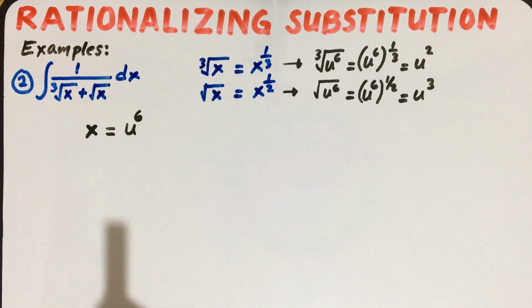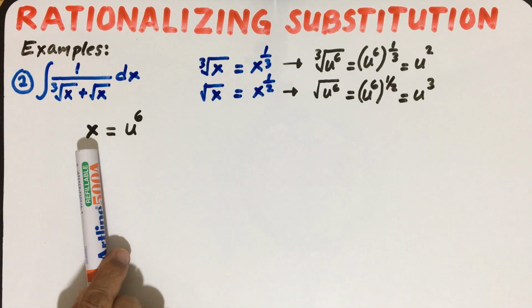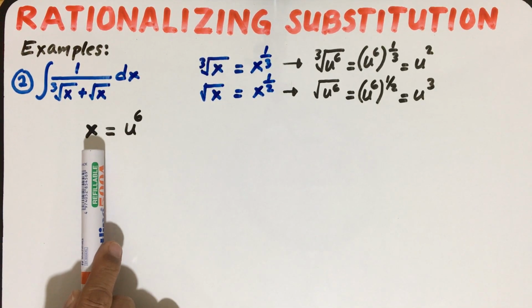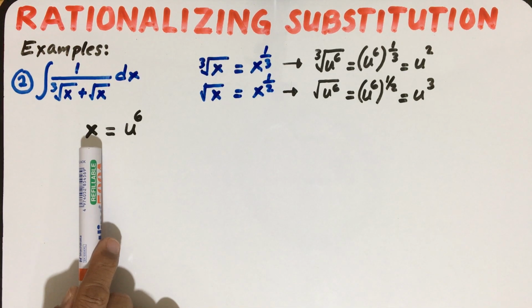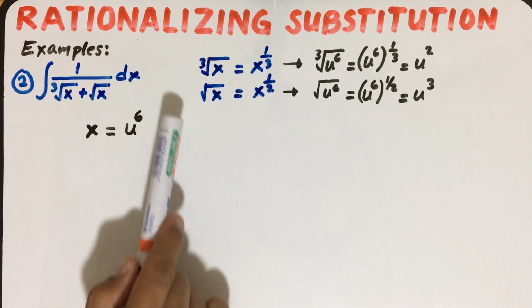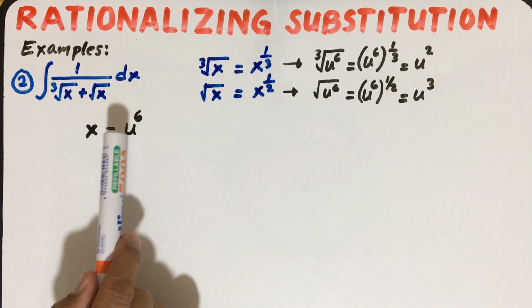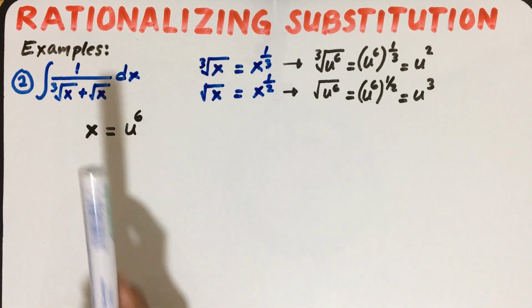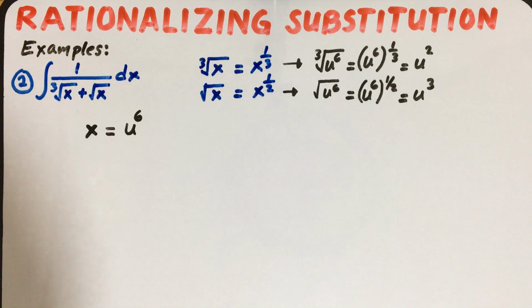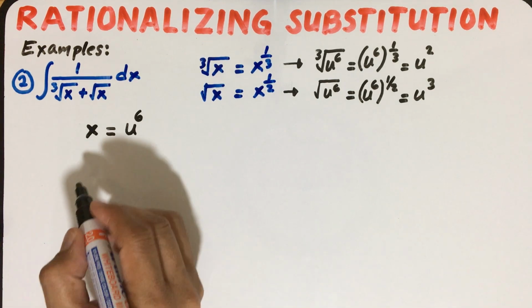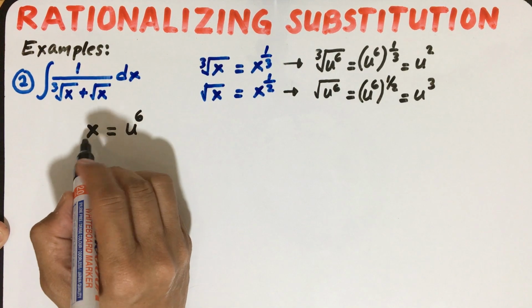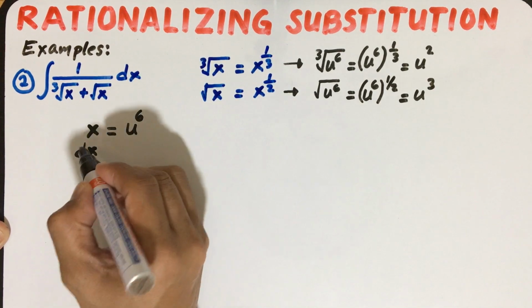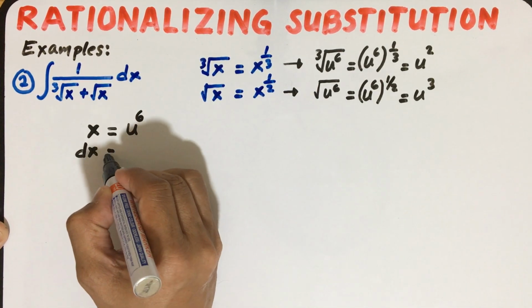Since we made the substitution x equal to u to the 6, or u equal to the 6th root of x, now let us change our dx in terms of du. If we take the differential of x on the left side, we do the same on the right side.